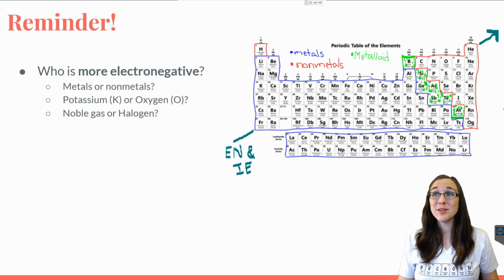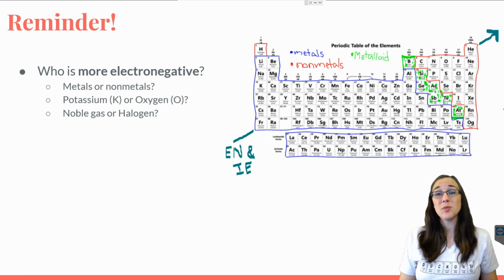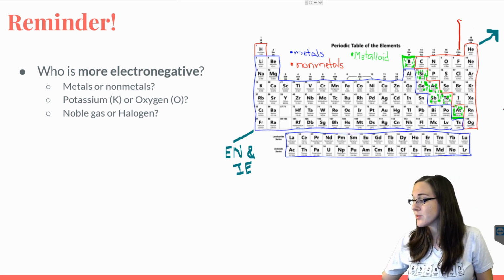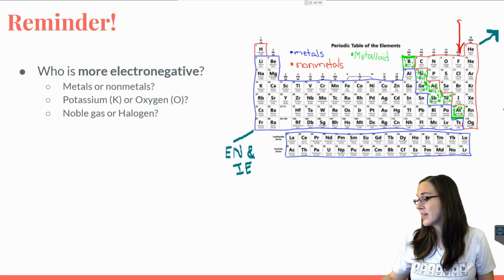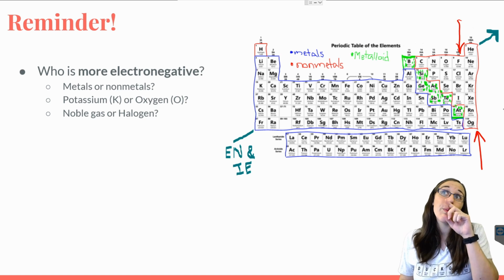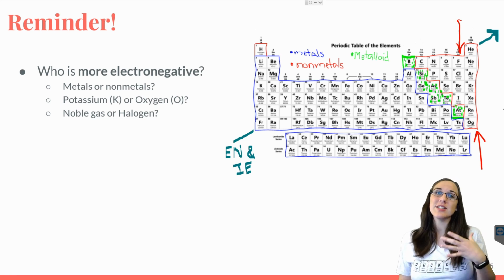So let's compare another two groups. How about a noble gas or a halogen? Which one of those would be more electronegative? If you recall, the halogen group is right here, and the noble gas group is all the way on the end. Now, the whole premise for noble gases is that they're noble. They don't need anything else. They don't need extra electrons. They're stable.